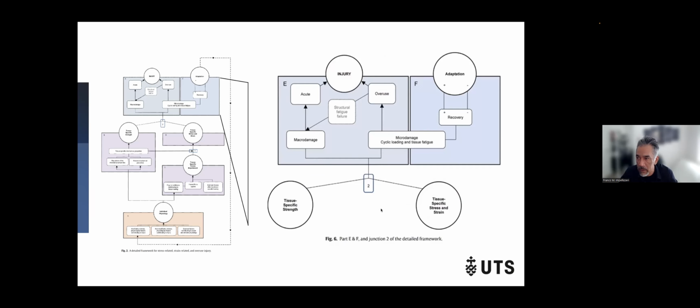That's the ultimate reason why you have damage, in our case an injury. So the idea was to say that whatever variables you use should, at the end of the day, influence these two components: the tissue-specific strength, or the tissue-specific stress and strain, so the load I'm applying on this tissue.